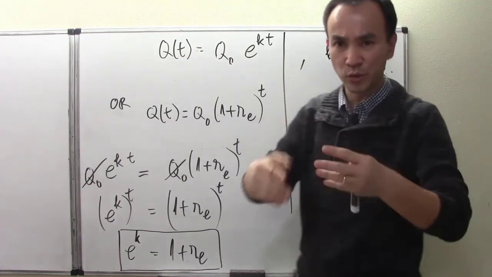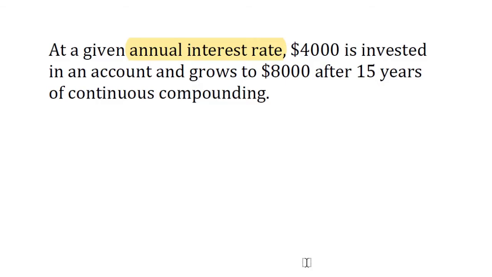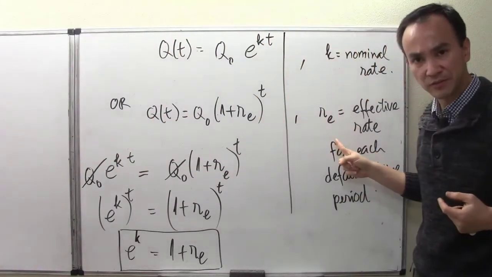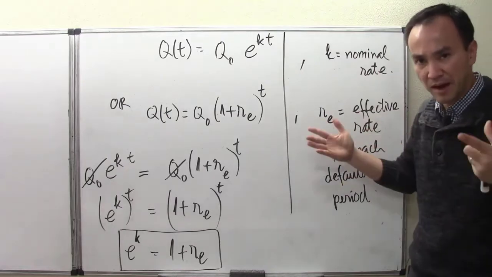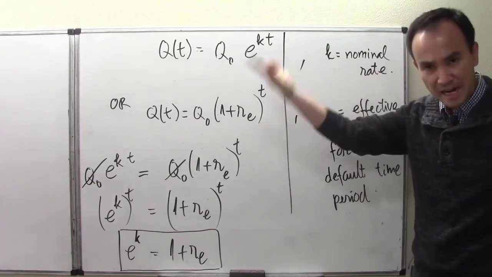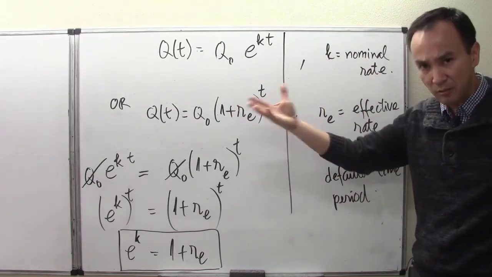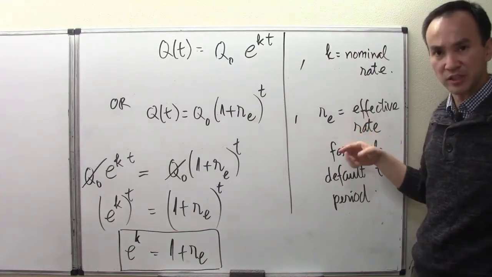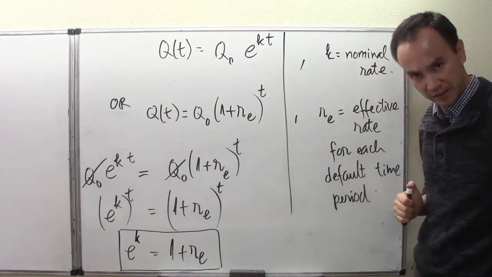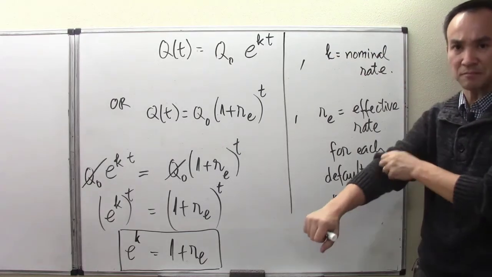And in the way it was worded here, we may have a hard time identifying whether this interest rate, named the annual interest rate, is a nominal rate or the effective rate, because both of these can be measured in the same default time period. A nominal rate can be an annual nominal rate or a monthly nominal rate, and effective rates are always measured in the same equivalent default time period. Okay, but how can we tell?